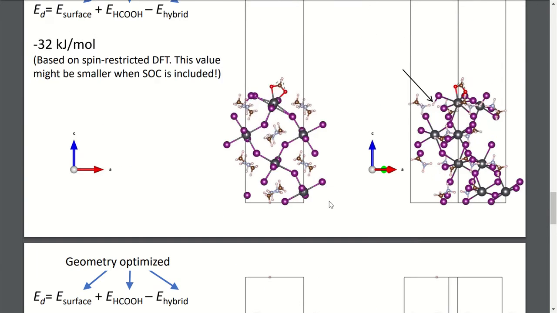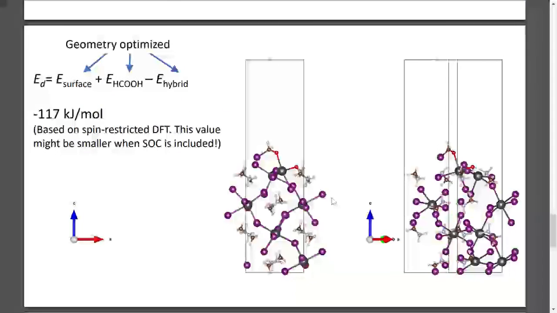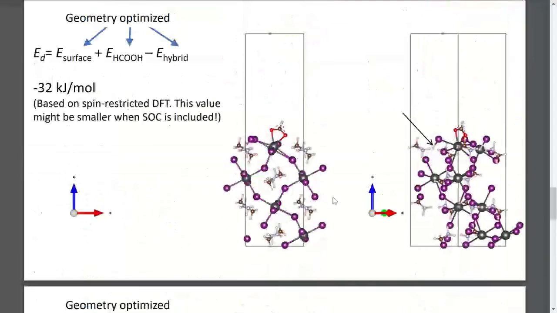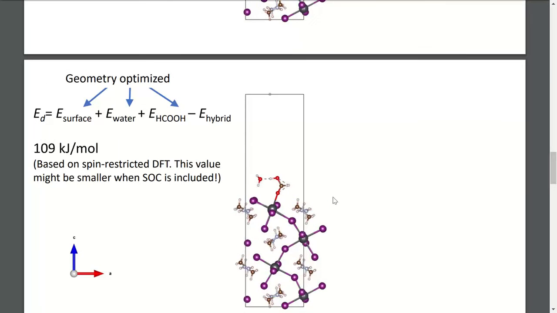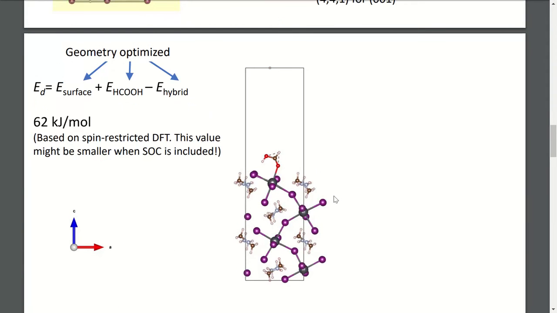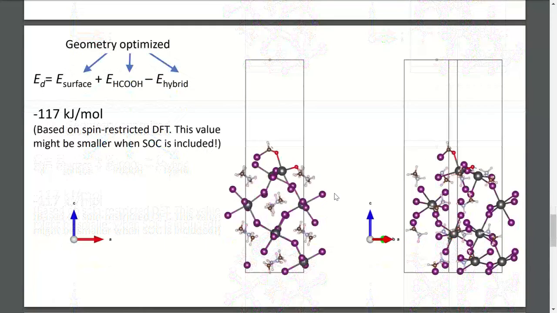In one of the previous slides, the monodentate, two or three slides back. One more. And one more, without water. Yes, here it was 62 when it was intact, and when it chemically broke into HCO and OH, it becomes, oh no, it is negative.